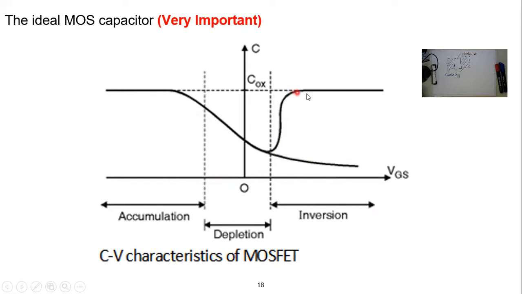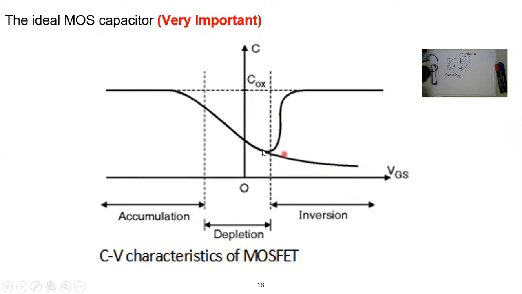And then again, it saturates whenever you reach the maximum number of electrons. This is the maximum that you can get. So now the capacitance starts to increase, as you can see. So this is the second capacitance curve, and this is the inversion region.